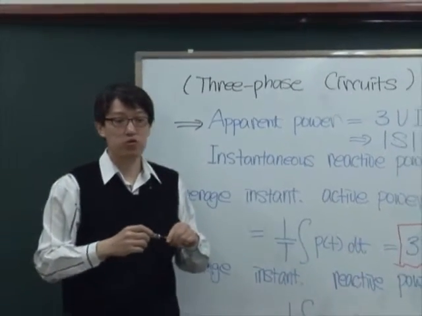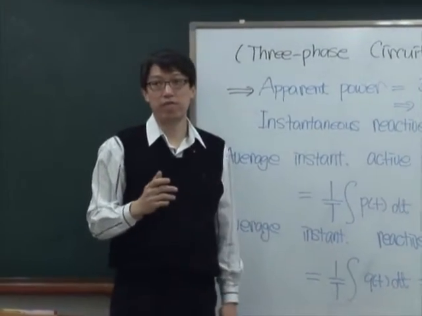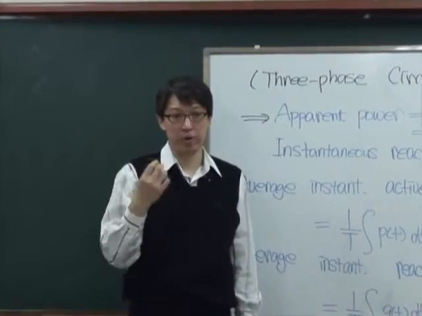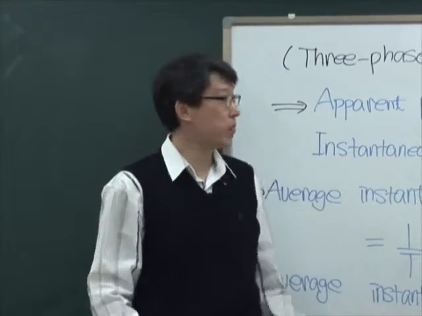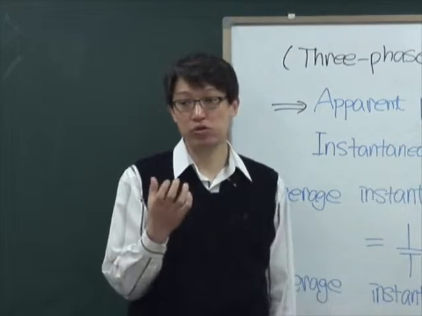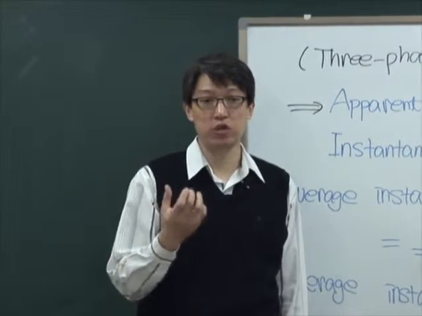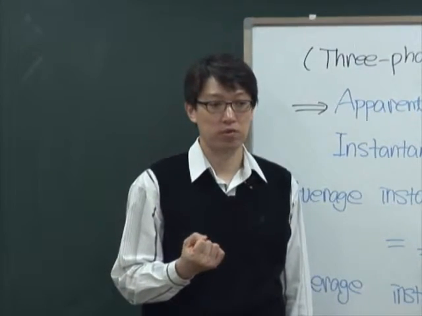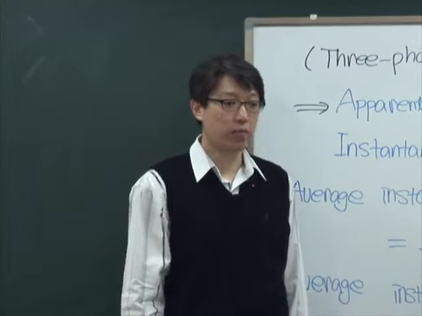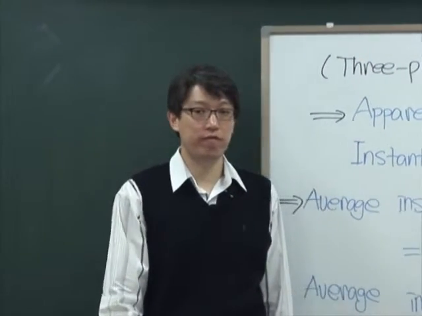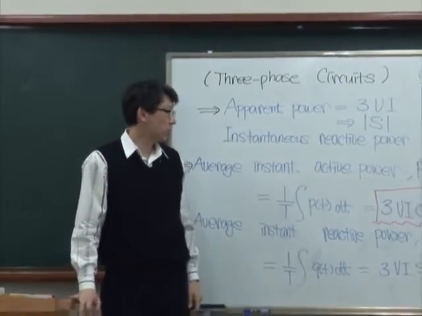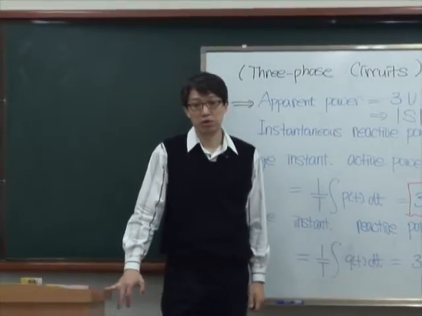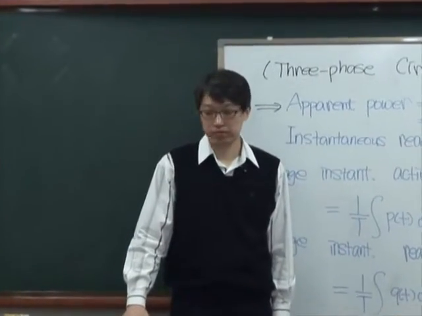Utility company, 한국전력, they set up transformer, power line, circuit breaker, all these measurement tools based on this. Why? Because the system should withstand the voltage and current at the same time. So I'm going to introduce later the factor between this apparent power and average active power, which is called the power factor, right?